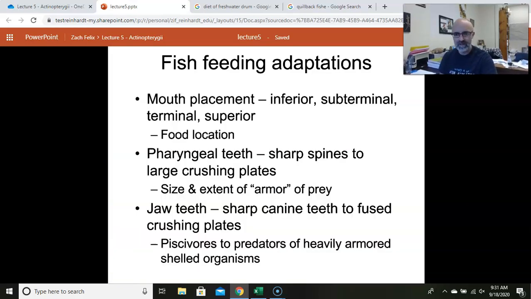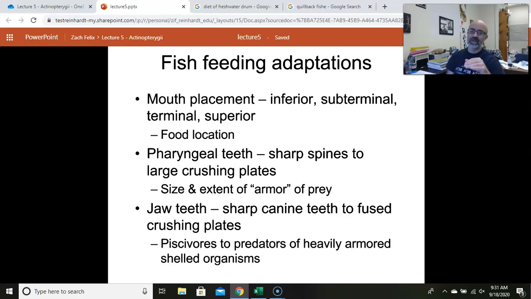Right? Okay, fish feeding adaptations. We've talked about this a lot in lab, about how you have the inferior mouth, the subterminal, right at the end. Well, no, okay, I'm sorry. Inferior is on the bottom. Those are like the catostomids.